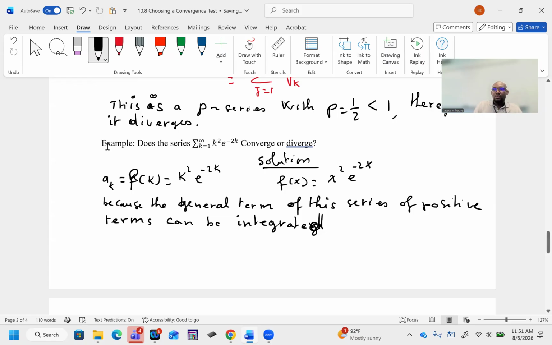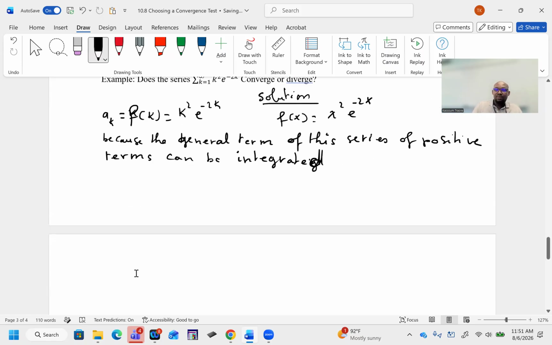And to integrate this one, we can use integration by parts. So that's why we'll start from 1 to infinity of x squared e to the power of negative 2x dx. You know how to do this one, right?